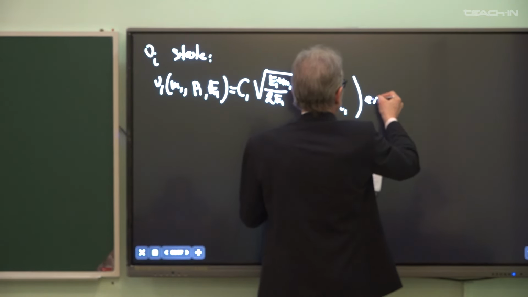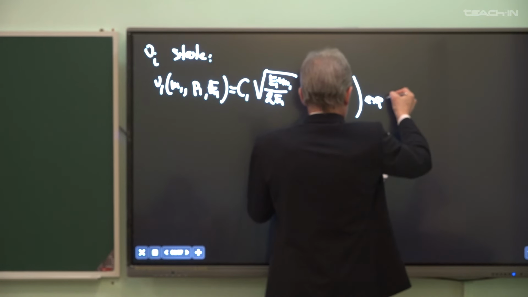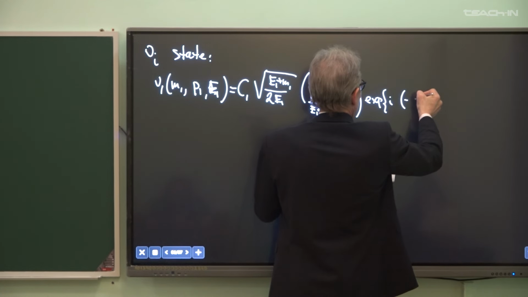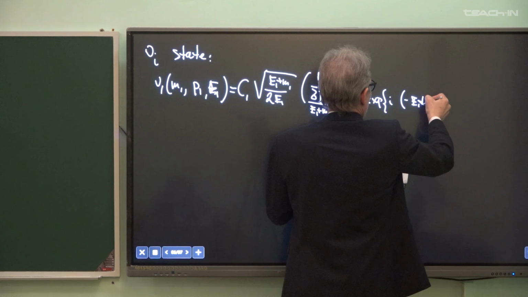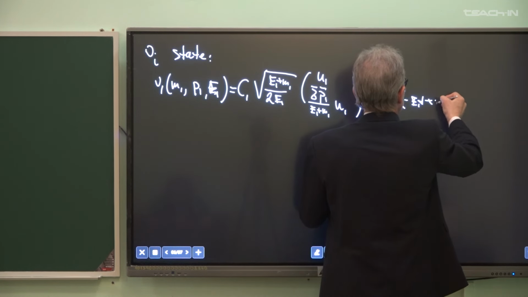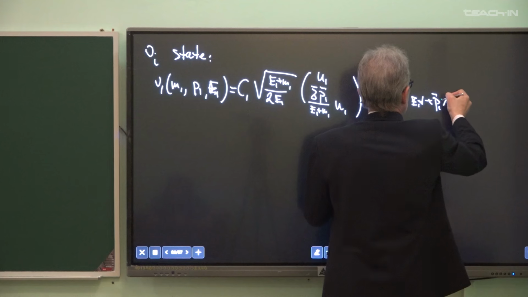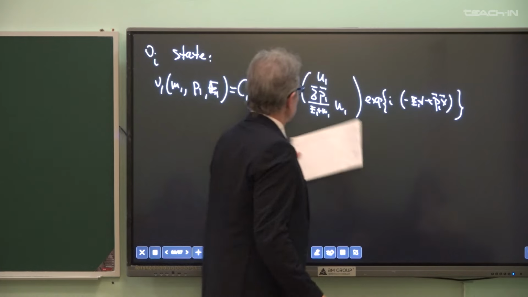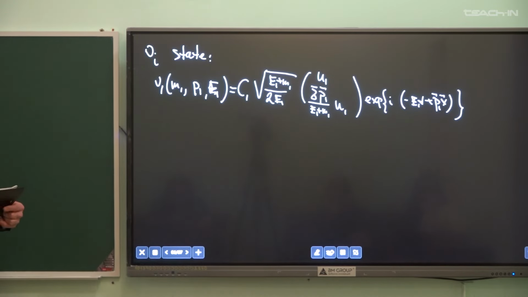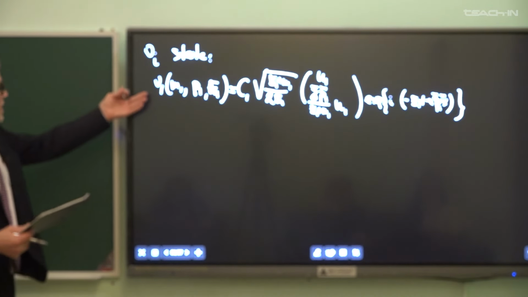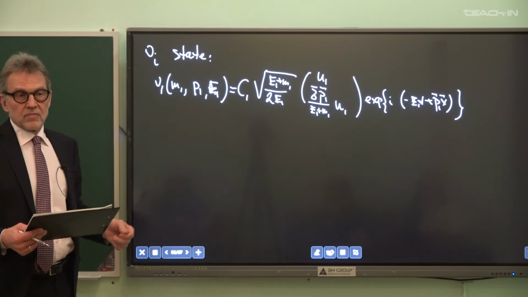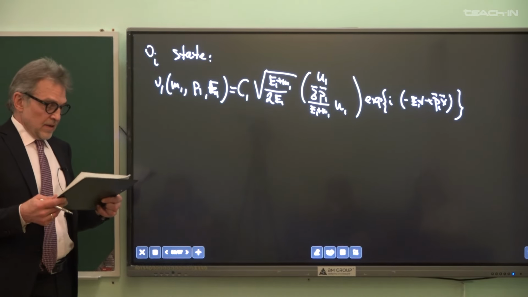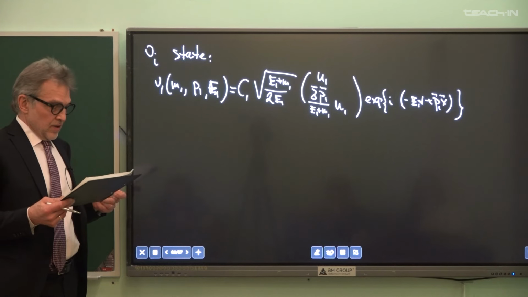And the exponential part, exponent of I times minus energy times time plus the vector of momentum times the vector of the coordinate. This is a vacuum solution for the mass state of neutrino that is characterized by the mass, energy, and momentum. Yeah? A normalized solution of the corresponding Dirac equation.